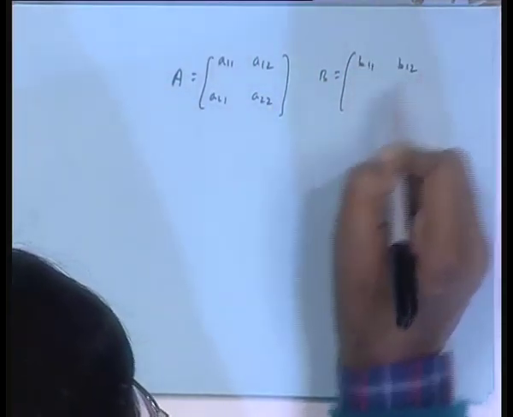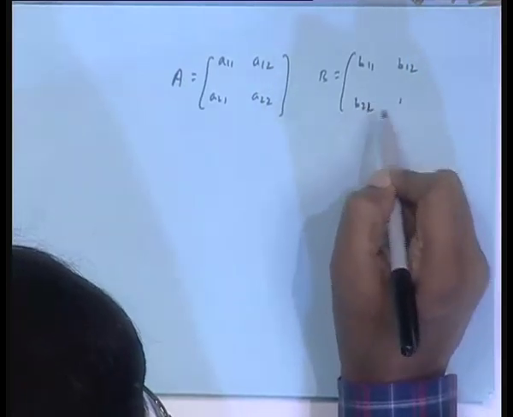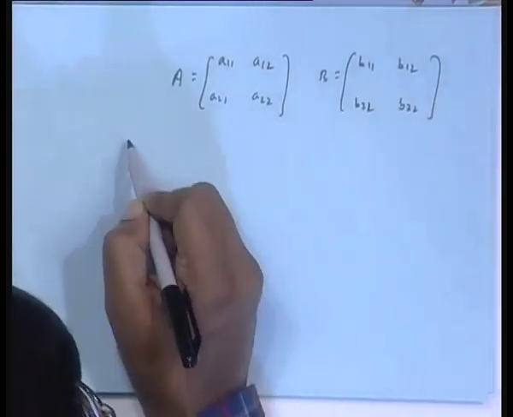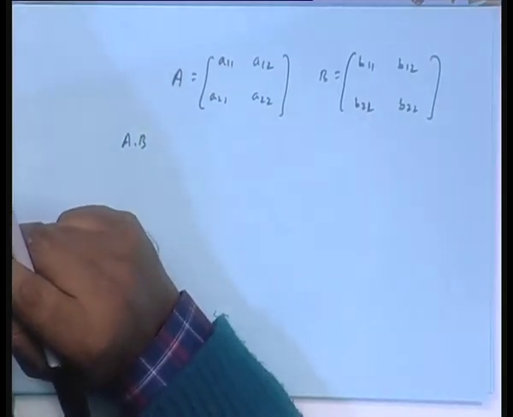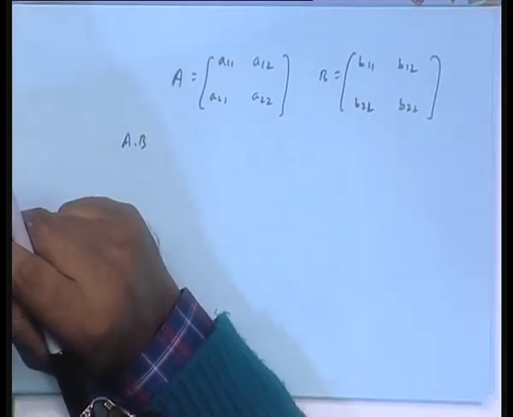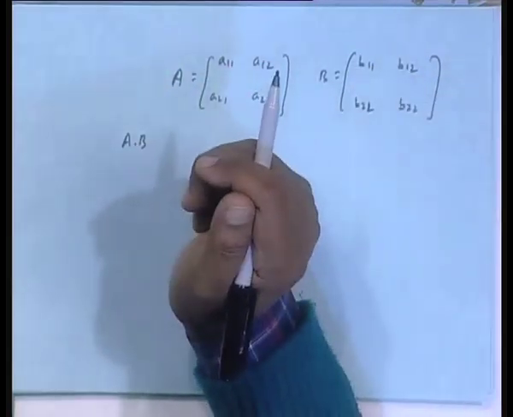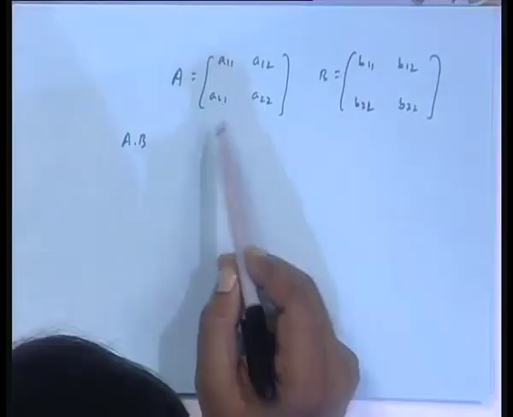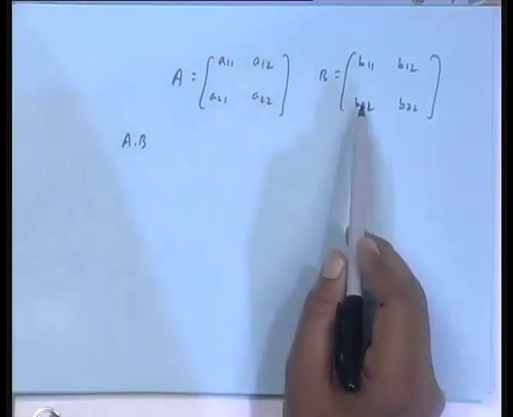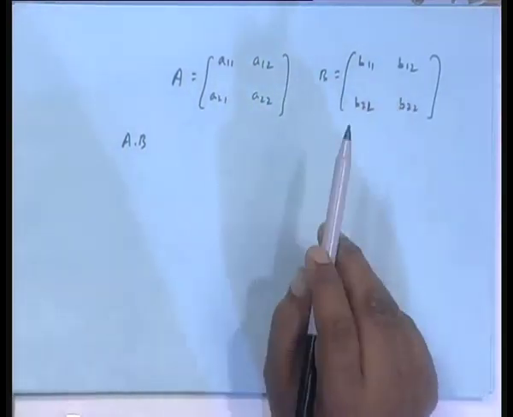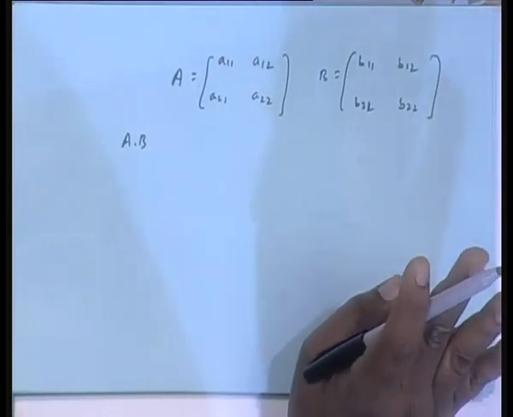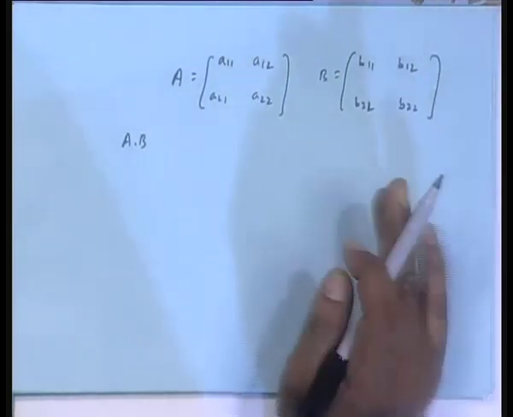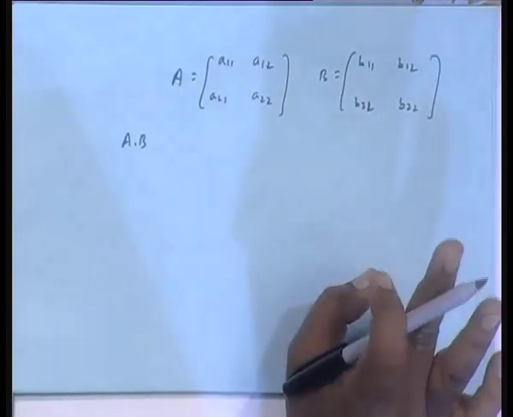B11, B12, B21, B22. And you have to do A into B. How will you do? Normally, what do you do? Tell me. You do like this, A11 into B11 plus A12 into B21, one term, like that, isn't it? So, from today's class, you should never do that. That is not the way you should do. That is done at the school level, not anymore now.